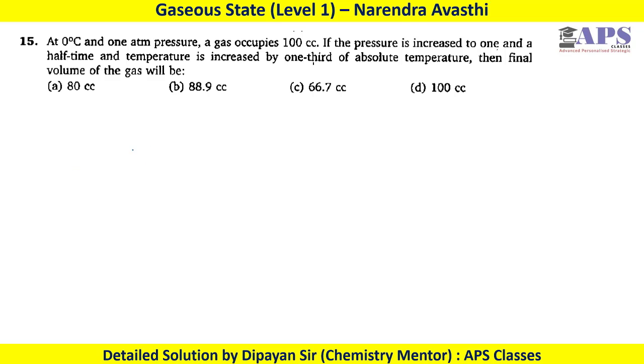In question number 15, at 0 degree centigrade and 1 atm pressure, a gas occupies 100 ml of volume. If the pressure is increased to 1.5 times and the temperature is increased by 1/3 of the absolute temperature, we have to find the final volume. Here we can apply P1 V1 by n1 T1 equal to P2 V2 by n2 T2.